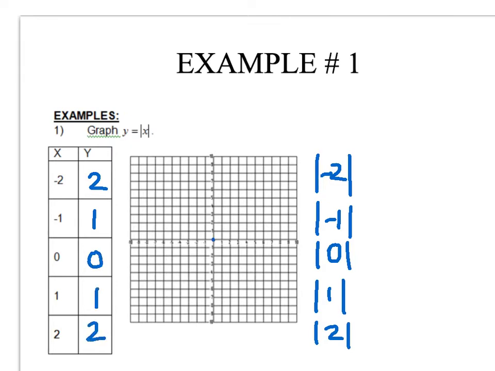So our graph, when we plot these ordered pairs, is a V shape. And we've talked about U shapes before. This one is actually a straight V. And we label it y equals the absolute value of x.